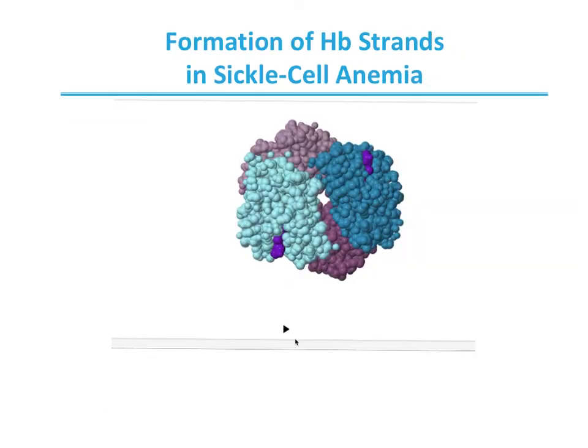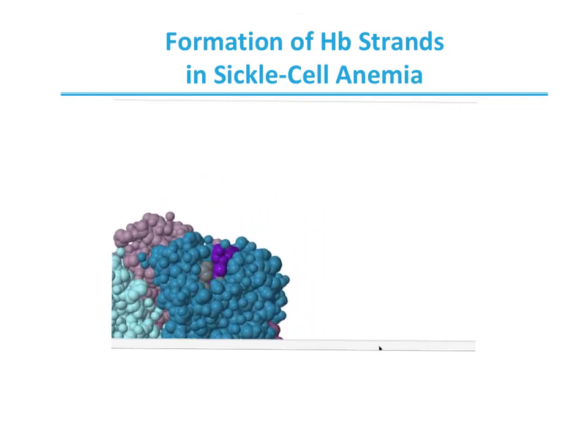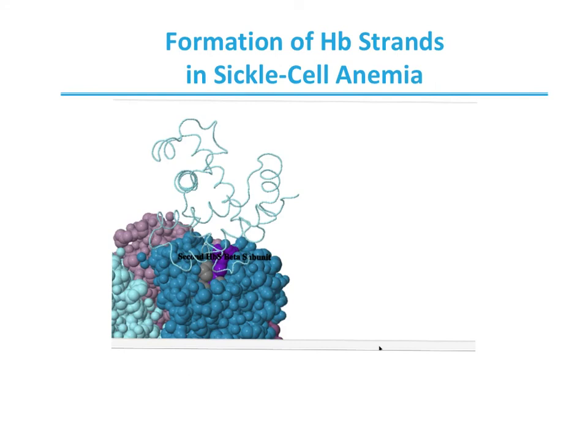And this movie shows how that one exchange of the glutamate for the valine results in these strands that can form. So there's the valine, and now it's going to interact with a second subunit.